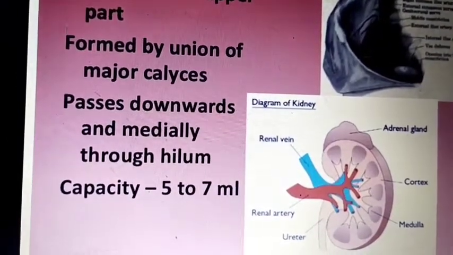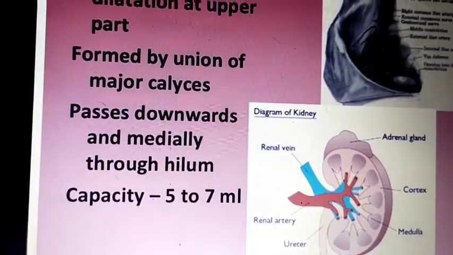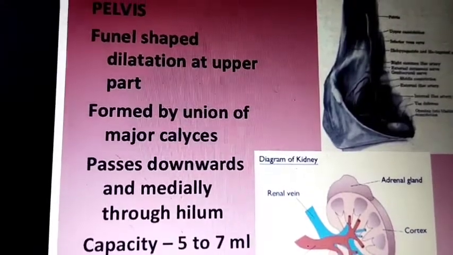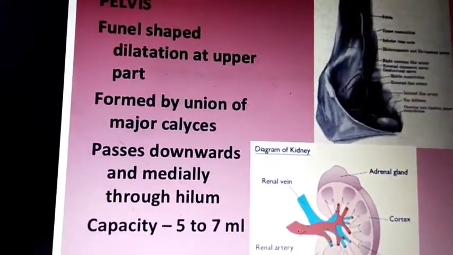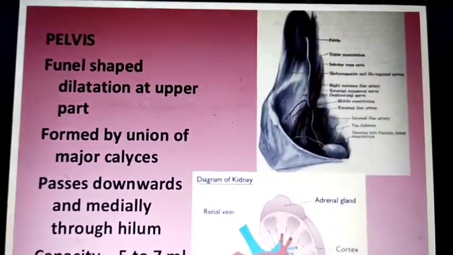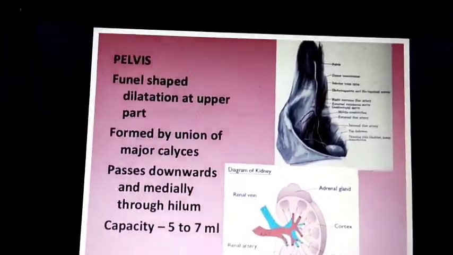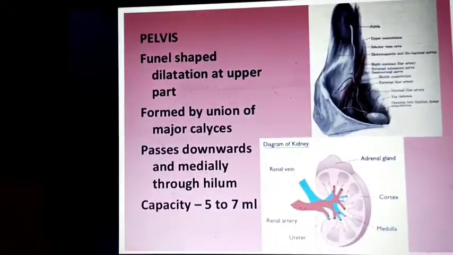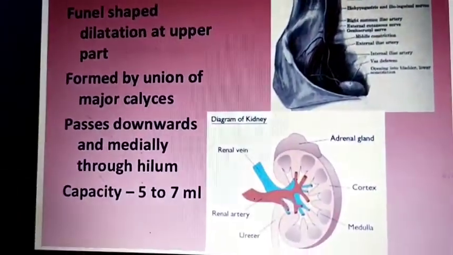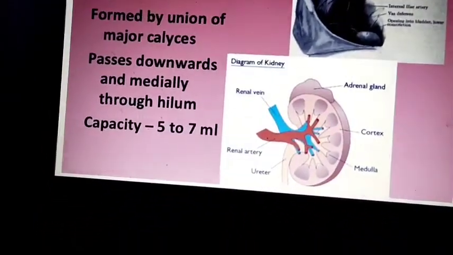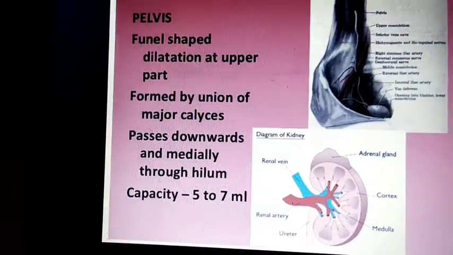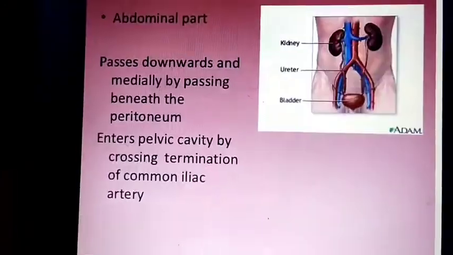It gradually narrows till at the lower end of the kidney and becomes the ureter proper. This is the funnel shaped dilation at the upper part formed by the union of the major calyxes, passing downwards and medially through the hilum. The capacity of this pelvic part is 5 to 7 ml. You can go for the next slide.